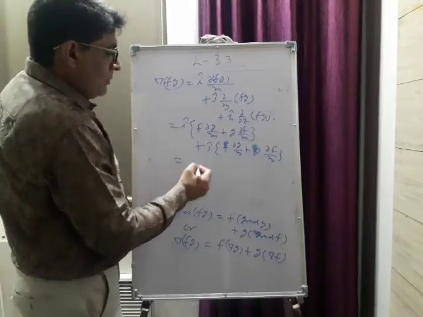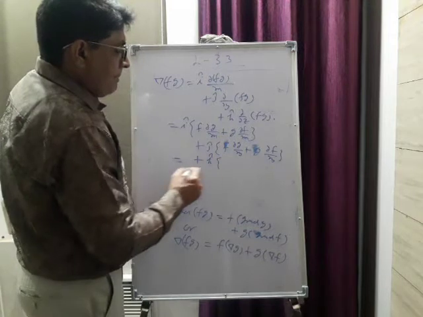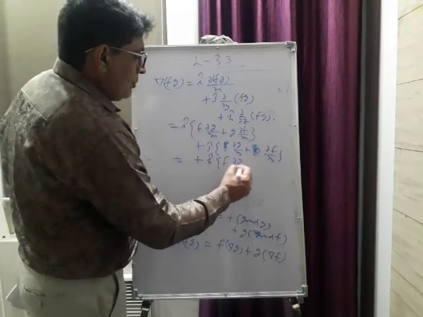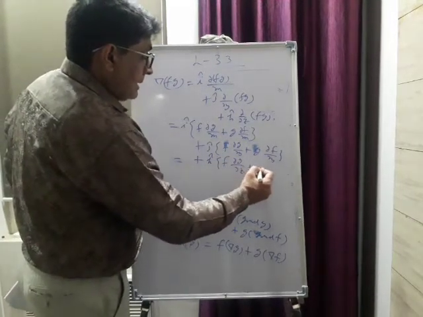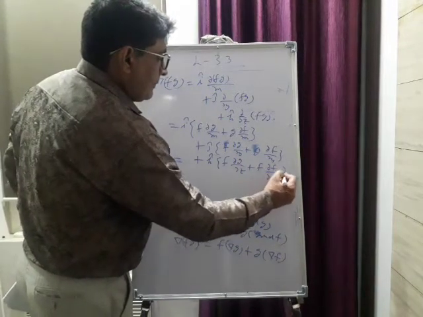This becomes del f upon del x plus k cap f del g over del z plus f del f over del z.